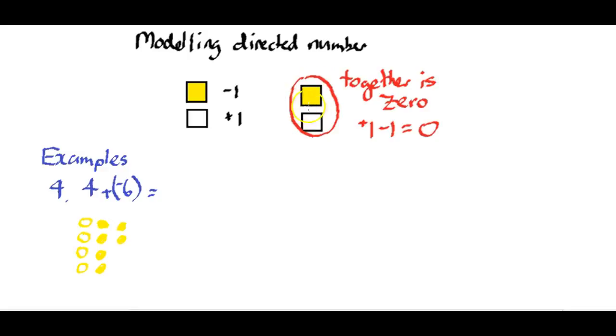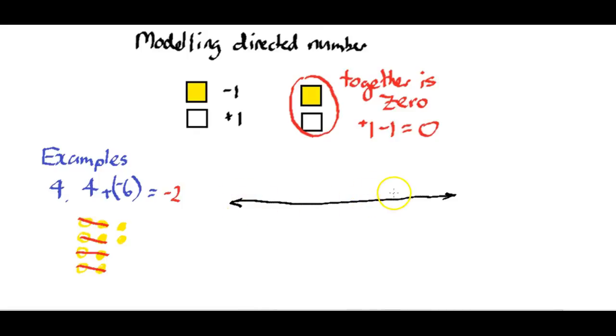Now a 0 pair we can get rid of. We can cross them out, or if they're in our book we just cross them out. Another 0 pair, another 0 pair, another 0 pair. So you can see we're left with 1, 2, -2 counters.